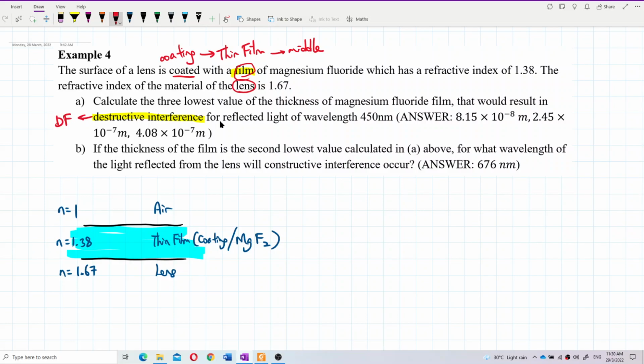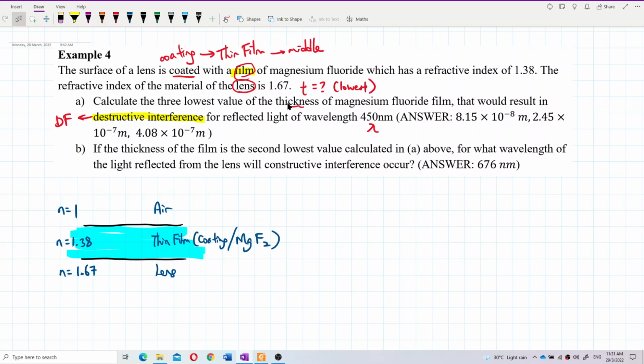Then you have the reflected light of wavelength, which I give you here. I need the three lowest values of thickness, so I need to find the thickness, the lowest values.